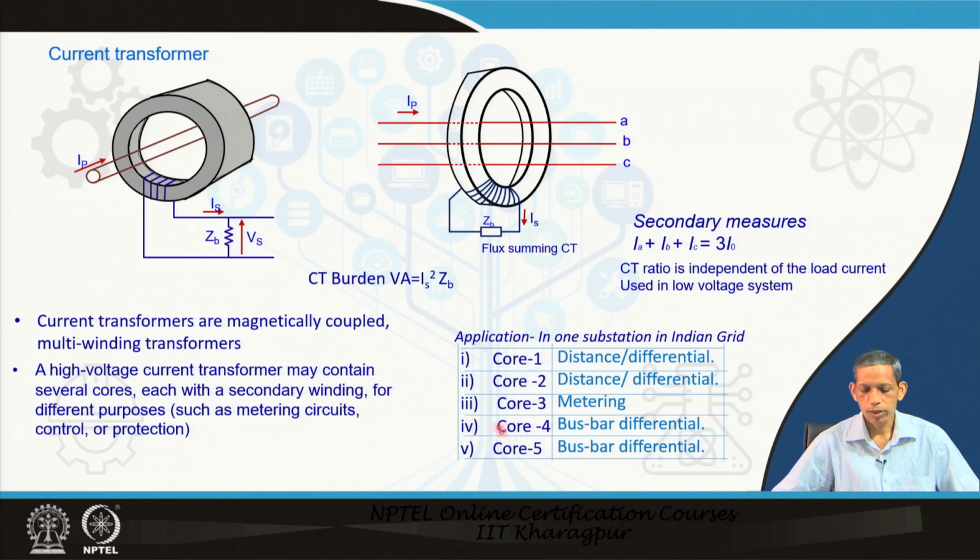So, all the cores and the associated windings are enclosed as one unit, and that is what we talk about as multi winding and multi core CTs.